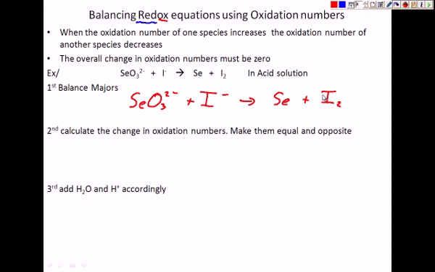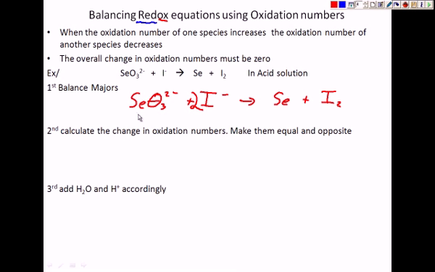Now here we have 2 I and only 1 here, so we're going to put a 2 in front. We're not going to worry about our oxygen because that is not a major yet. We're just going to worry about the majors, which are Se and I. So our majors are now balanced.